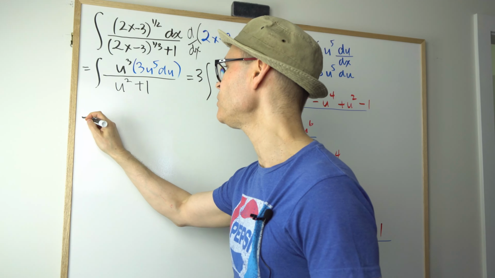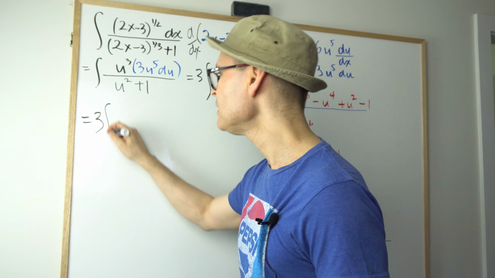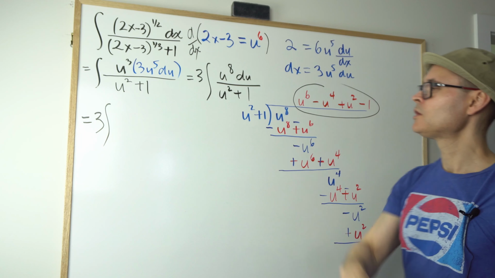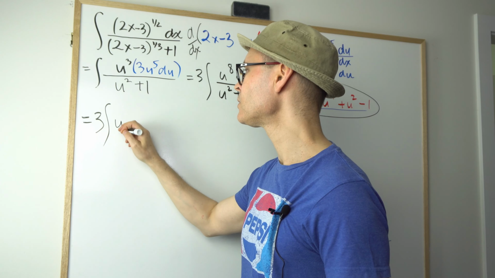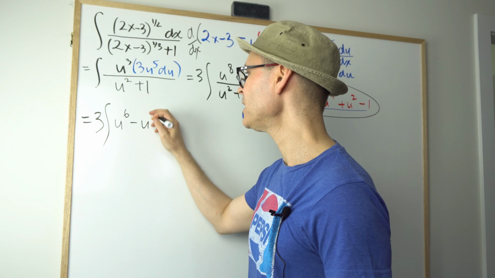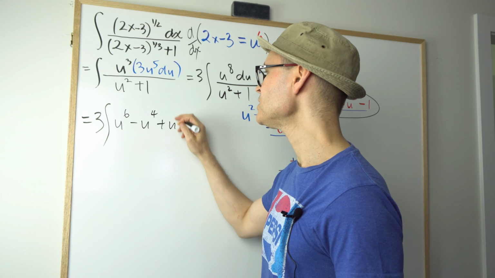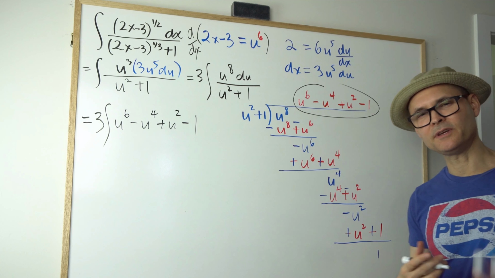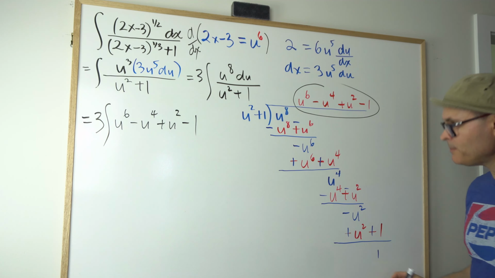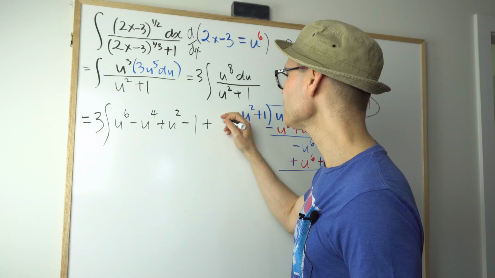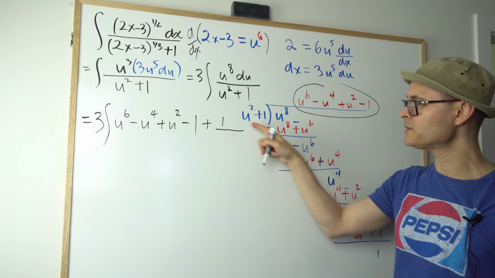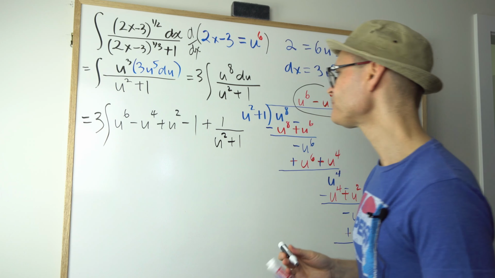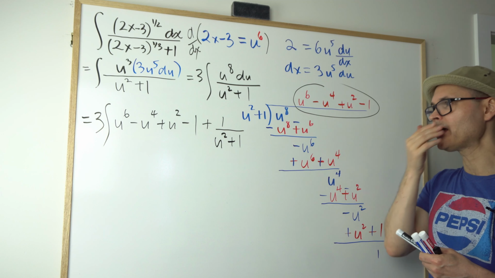I'm going to say that's equal to 3 times the integral of the quotient, which is u to the 6 minus u to the 4 plus u to the 2 minus 1. And this is like a division statement, plus the remainder all over the divisor, which is u squared plus 1.